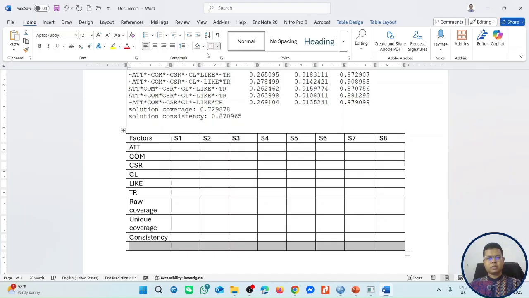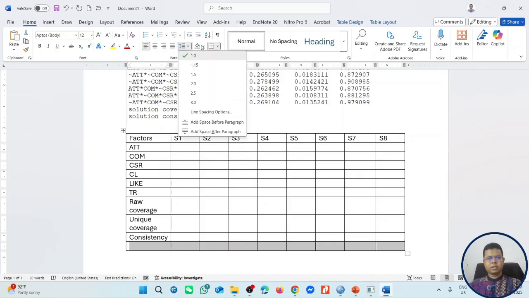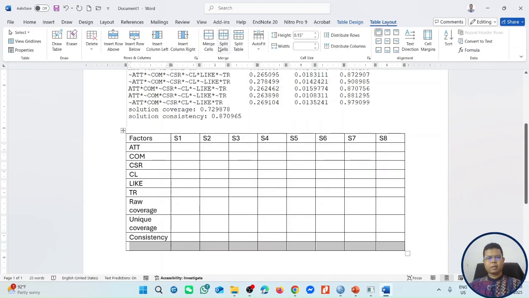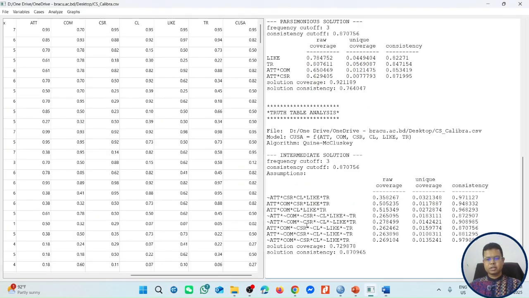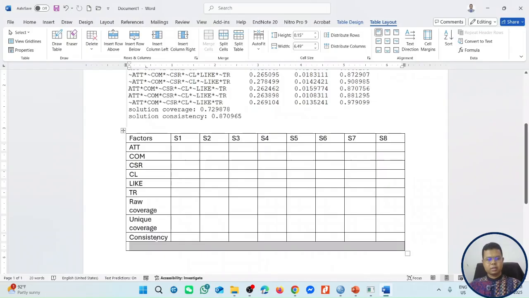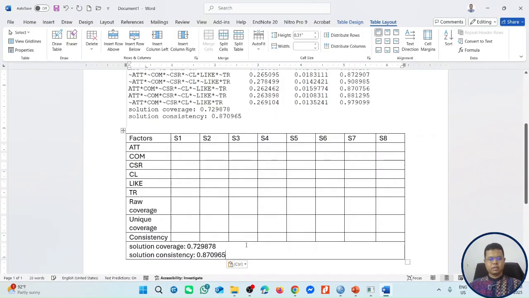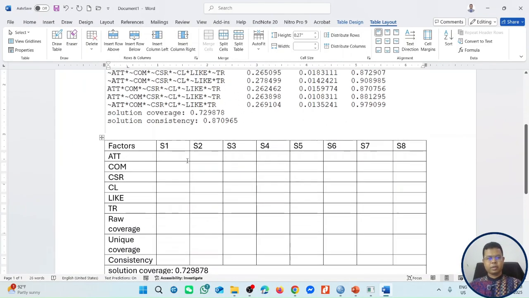So for example, I'm just merging a cell here, solution coverage and solution consistency. Okay. Now the S1.